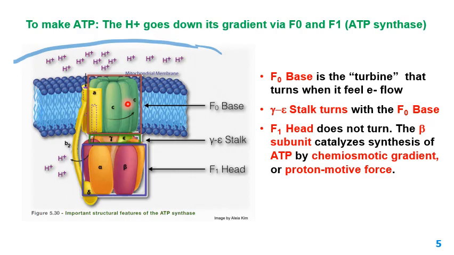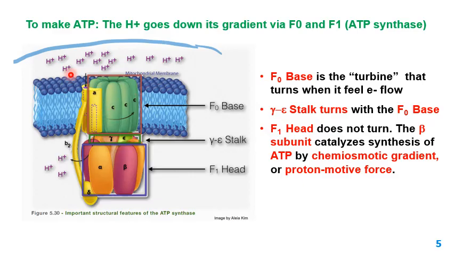Okay, connected to this, there is also this stalk that is barely visible over here. So there is a little stalk over there. This stalk moves with the F0 thing. Okay. Now when you put a proton through this, it will move this engine like a turbine.